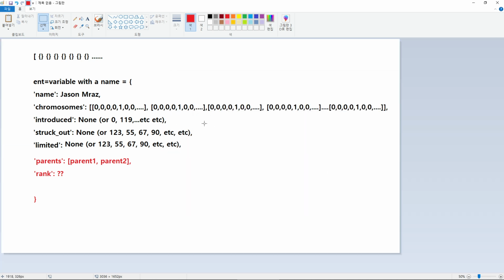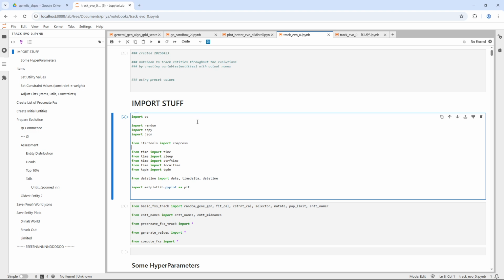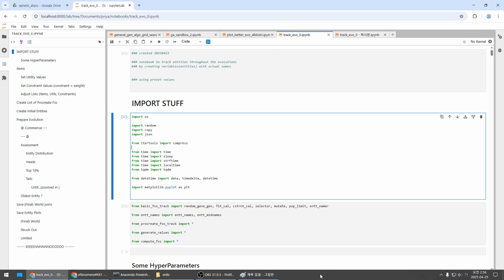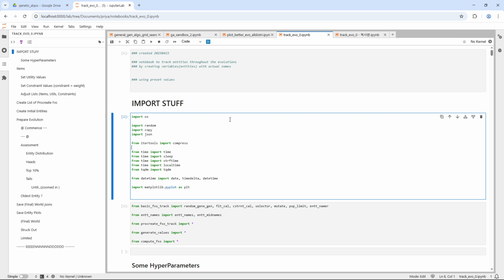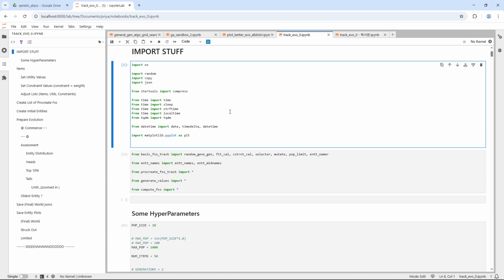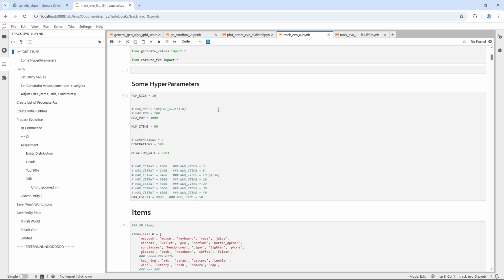So with this in mind, we can go over to the notebook, and I'll just go through it. I set the hyperparameters, and this time, because I wanted to start off easy and see how things went, I started with an initial population of 10.